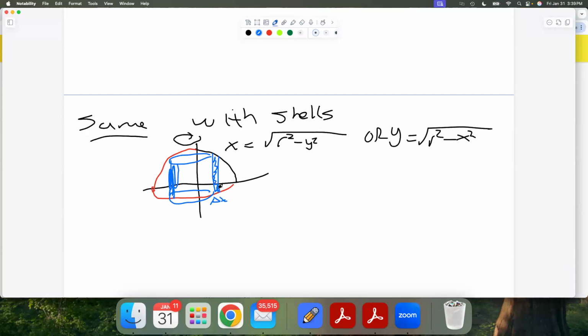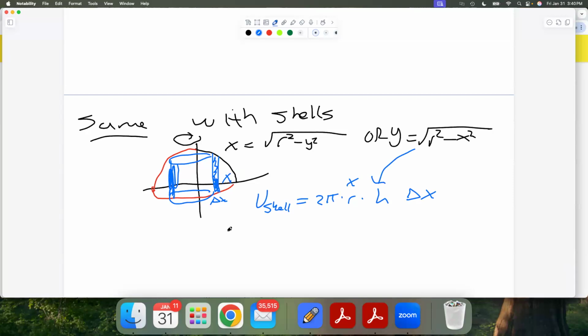Okay, notice I got delta x, so everything needs to be in terms of x. The volume of a shell, remember, is 2 pi times the radius of that shell times the height of that shell times your delta, whatever. In this case, we already know it's delta x. I'm at some random location x. The height will be this guy here. Notice I need it as a function of x.